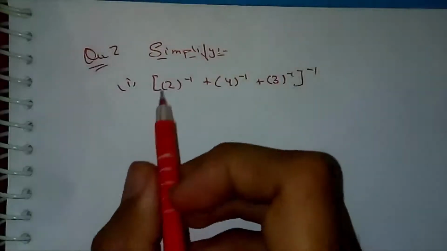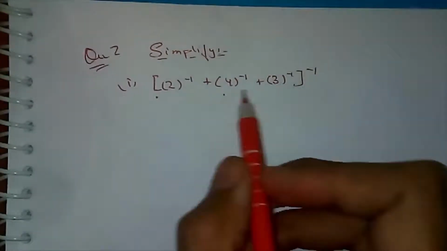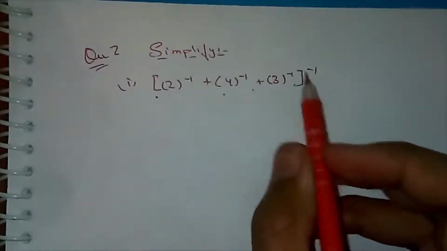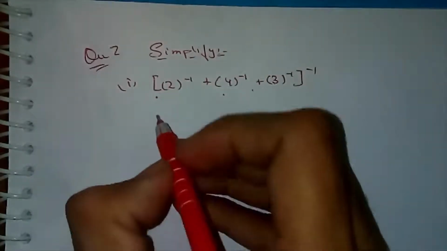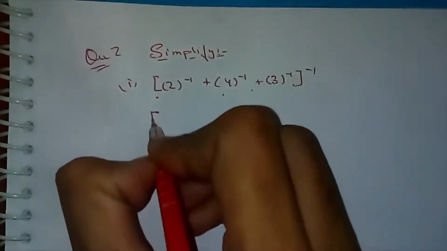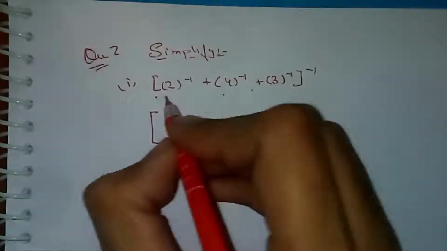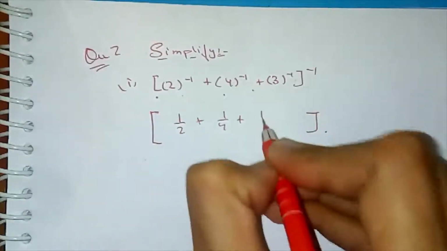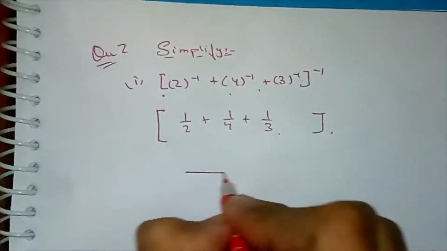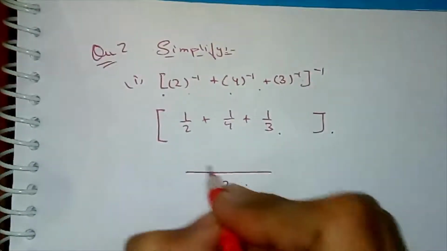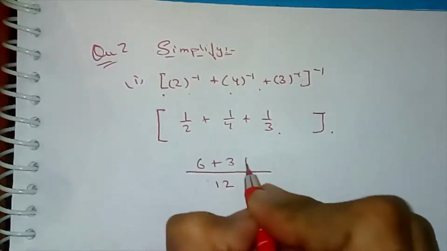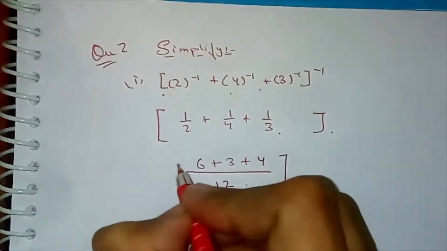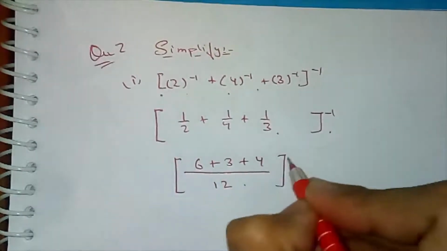The next part says simplify (2 to the power minus 1 plus 4 to the power minus 1 plus 3 to the power minus 1) whole power minus 1. So first we will solve the inner part, that is 1 upon 2 plus 1 upon 4 plus 1 upon 3. So the LCM will be 12. 2 6s are 12, 4 3s are 12, 3 4s are 12, and the power is minus 1.